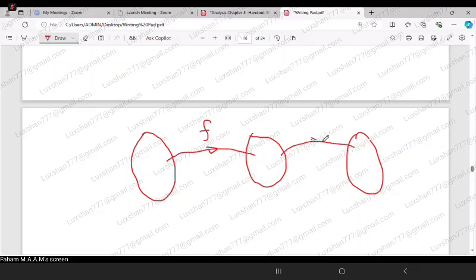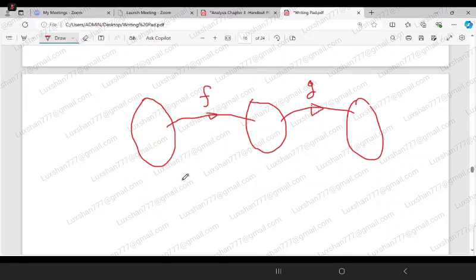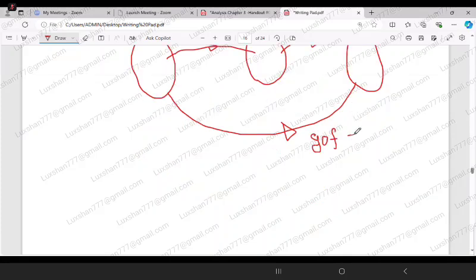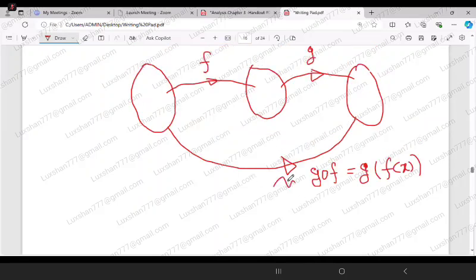From here to here we have the function g. Now we are going to define a function from here to here. This function we write as g circle f, which actually means g of f of x. We are taking this composition function as phi, denoting it by phi.